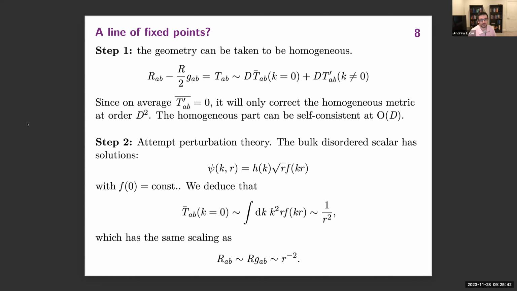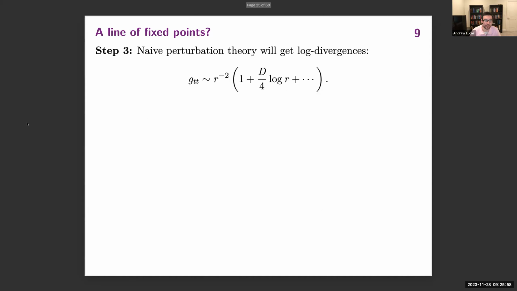So if we look at our Einstein equation, this is actually the most annoying thing that could have happened. All 3 terms that we need to worry about are in principle equally as important, okay? And it turns out that if you do naive perturbation theory starting from that Einstein equation, you will get log divergences essentially immediately, okay? So you can't just brute force the perturbation theory in this way.